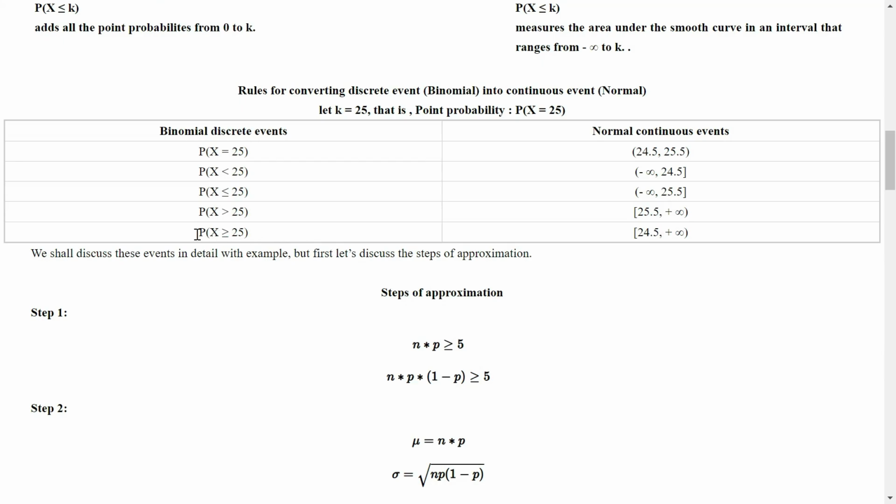The last event, the probability x greater than or equal to 25, is approximated by the area under the normal curve within the right closed interval that ranges from 24.5 to infinity.